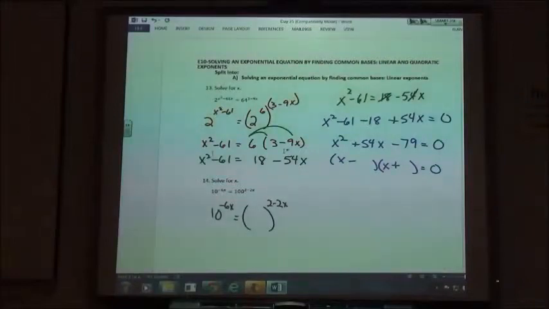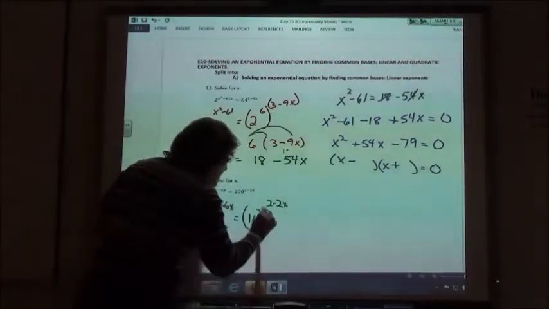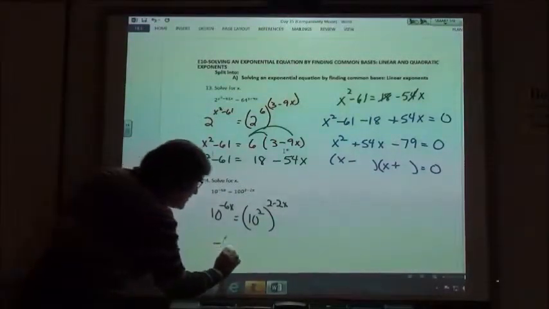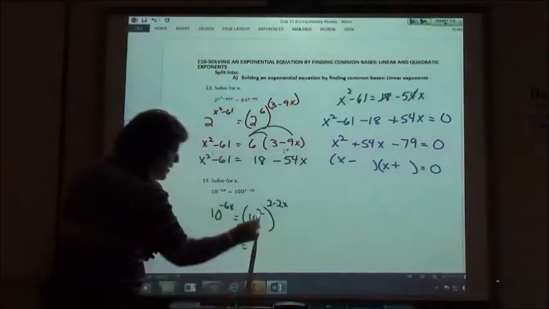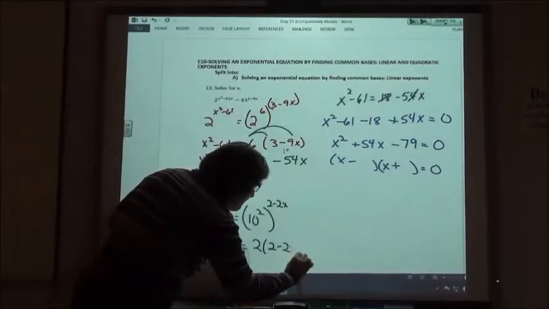10 to the second power, exactly. 10 to the second power. So now that they both have base 10s, we can get rid of the base 10. And so we're going to have negative 6x equals 2 times the 2 minus 2x.